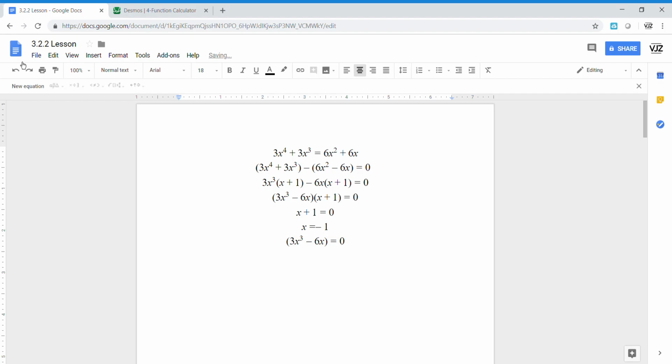So this will become, pull out a greatest common factor again, which is 3x, and then we have x squared minus 2 equals 0. When 3x equals 0, that will just become 0. So the second equation is x equals 0.